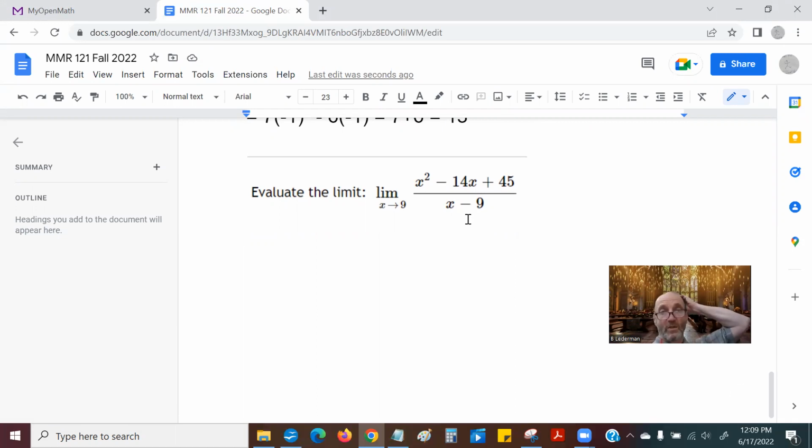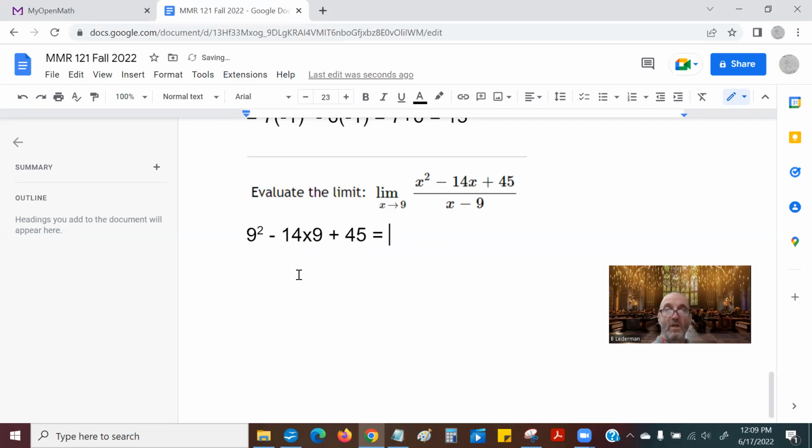And let's just do it actually. I would get 9 squared minus 14 times 9 plus 45.